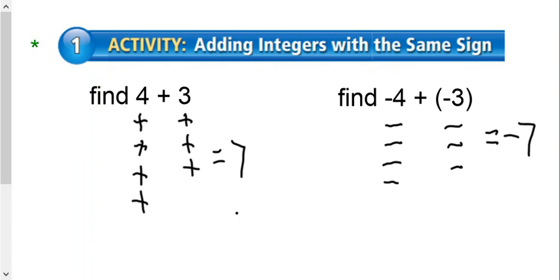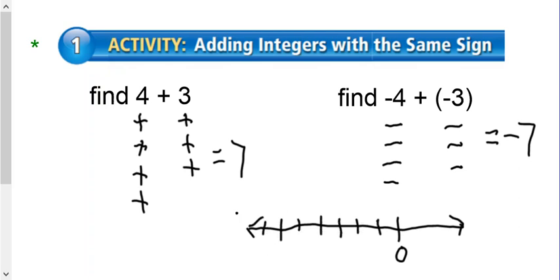We can also look at a number line. Let's put 0 here. Negative 1, negative 2, negative 3, 4, 5, 6, negative 7. Okay, so let's say we start at negative 4. So negative 4 is right here.